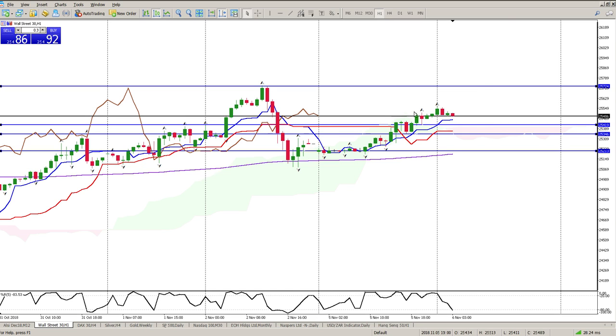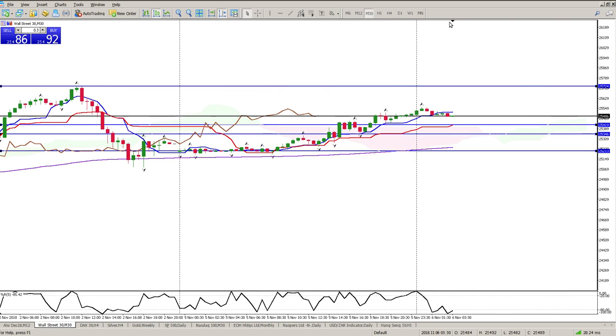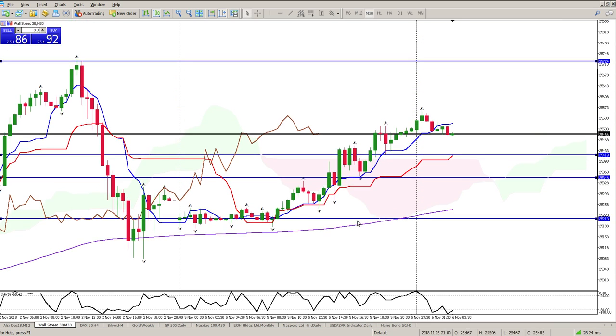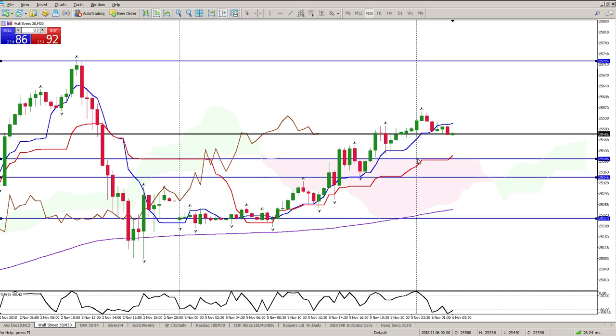I would definitely be watching. I wouldn't go lower than the half hour on this, and this area here would be what you'd be looking for. And also you can see how Tenkan-sen is pointing up, and we've got oversold territory at the moment in the half hour.